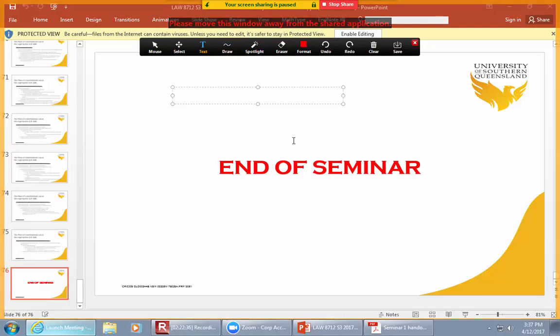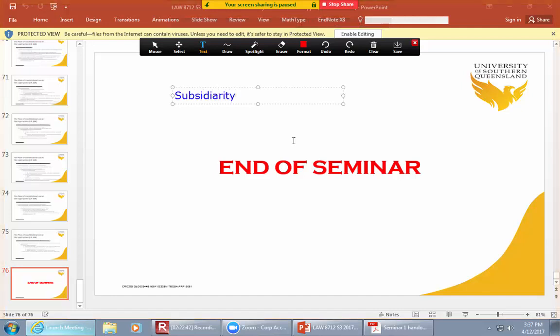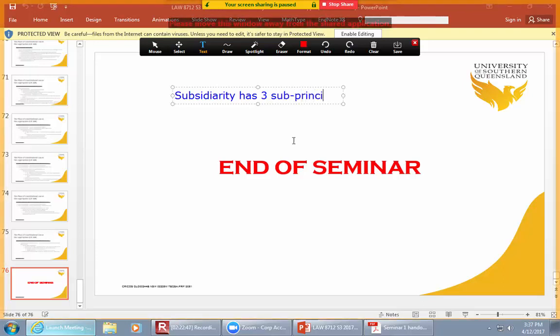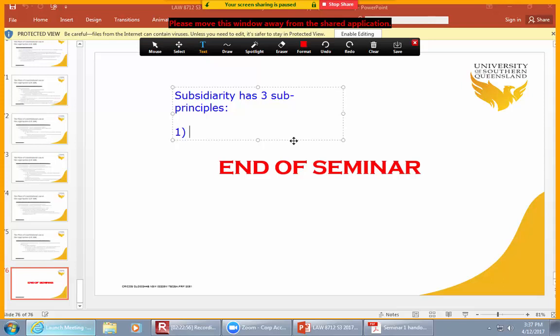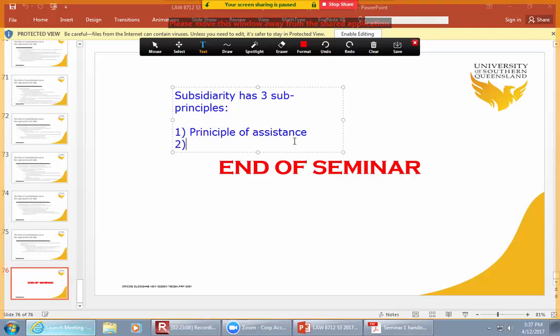Okay, let's just say something like this. Subsidiarity has three sub-principles. The first one is what we call the principle of assistance. Second, the principle of non-interference.